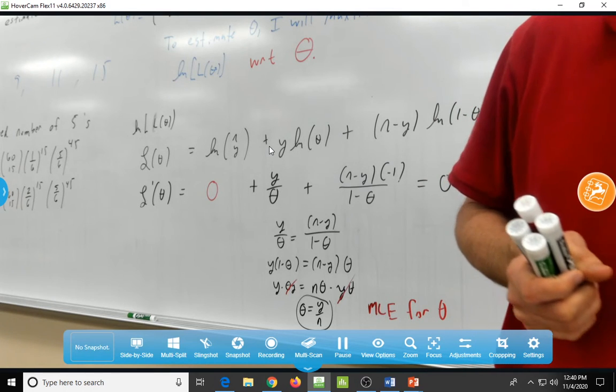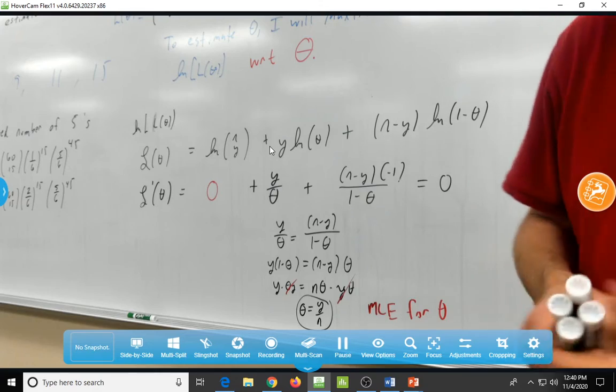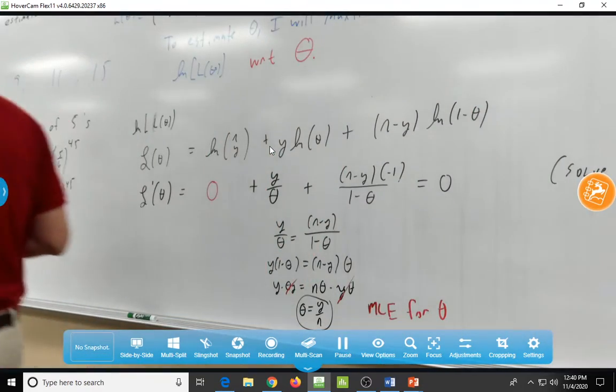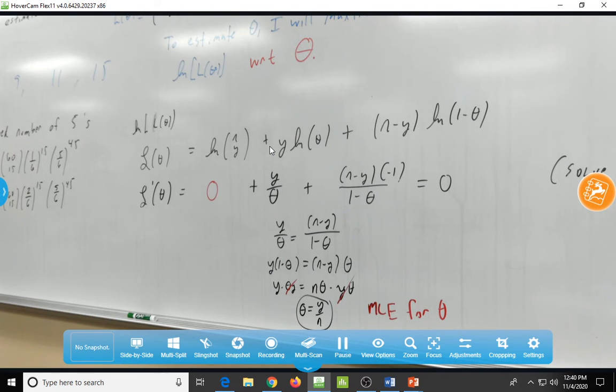So let's go ahead to part B and take a look at a Poisson distribution. So the Poisson distribution, remember, had e to the minus lambda, lambda to the x over x factorial.